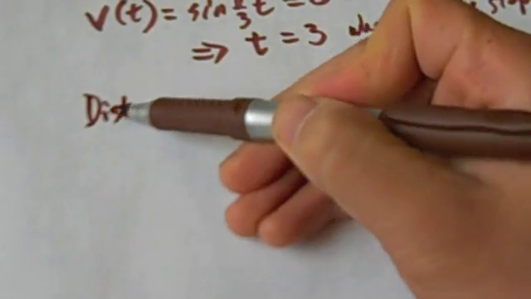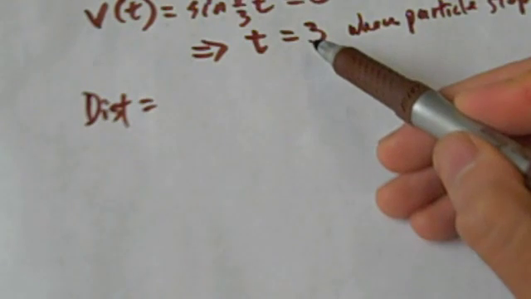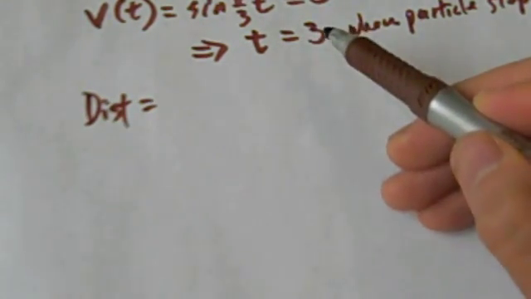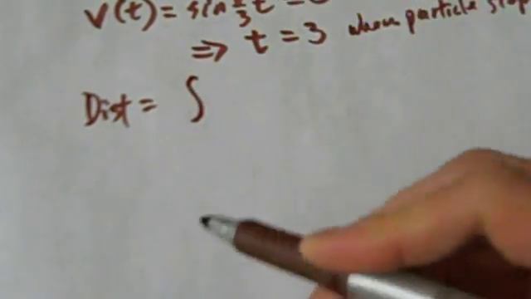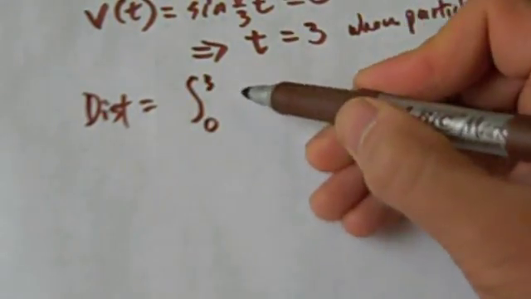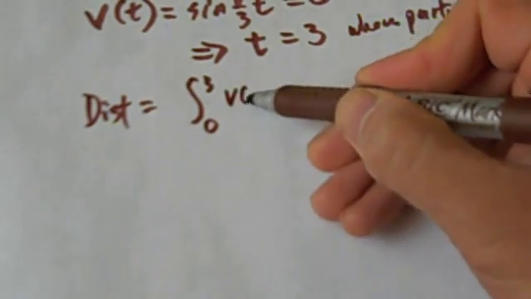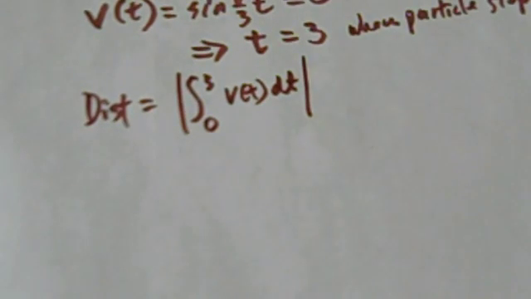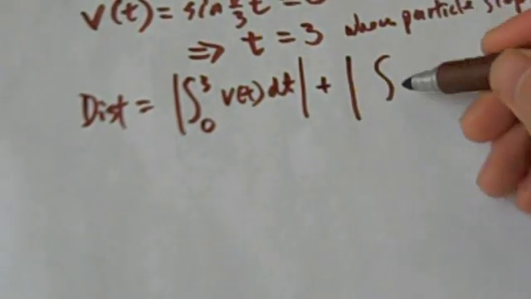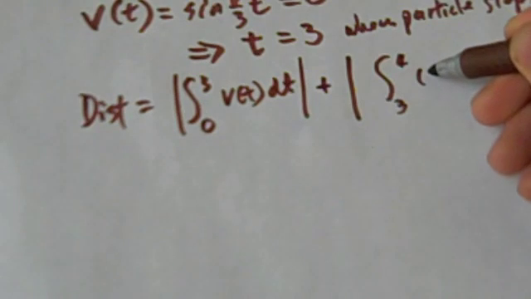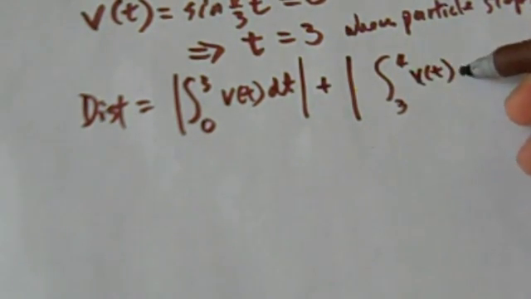So the total distance between 0 to 4, with the moment at t equal to 3 when the particle stops, you have to take the definite integral from 0 to 3 of v of t dt, and you want to put the absolute value of that because it's possible that you have a negative displacement, right? And then add to another definite integral from 3 to 4 of v of t dt.